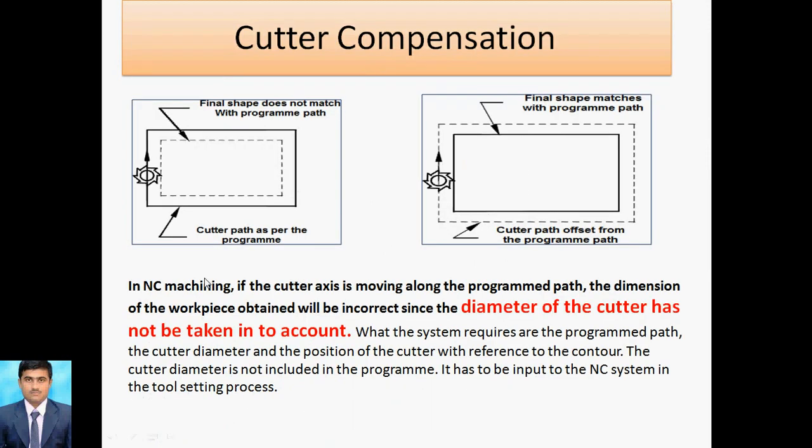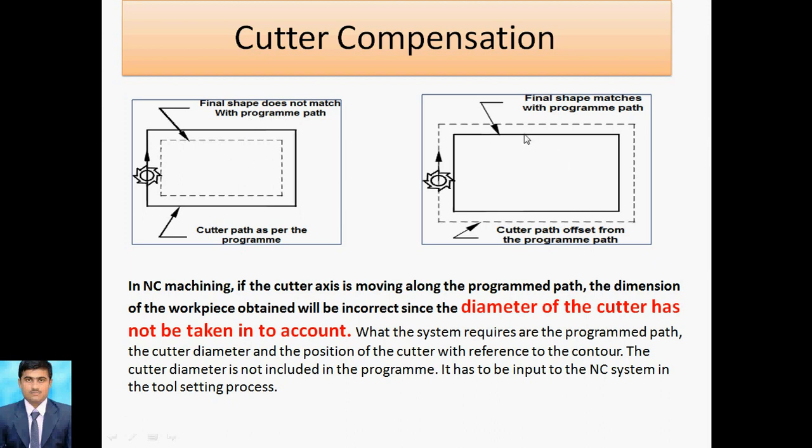Then the next point is cutter compensation. As we know, whenever the tool is in contact with the workpiece, if you do not take the diameter of the cutter into account, then the final shape does not match the program. Again I repeat: when we are cutting the workpiece with the help of a tool and we do not consider the diameter of the cutter, the final shape does not match the program.